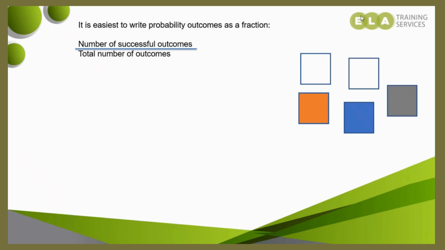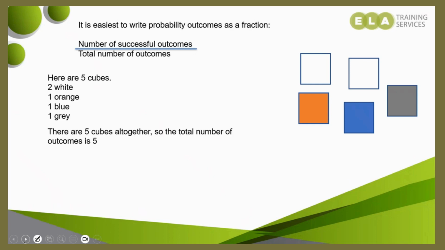So the easiest way to look at probability is to write it as a fraction. At the top of your fraction is the number of successful outcomes, and at the bottom, the total number of outcomes. So for example, here we've got 5 cubes, 2 white, 1 orange, 1 blue, 1 grey.